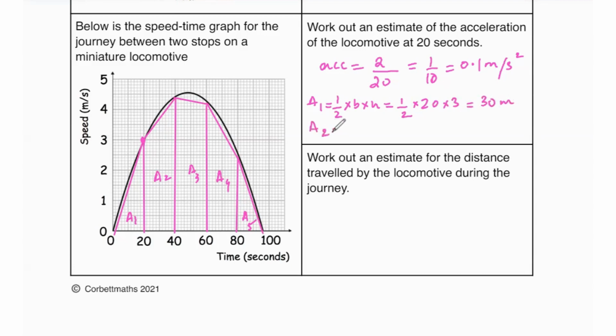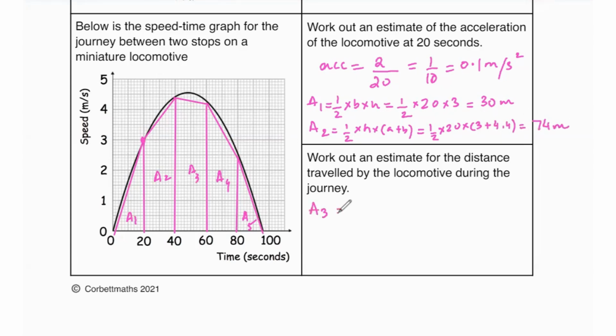Then A2 is going to be 1 over 2 times the height times the sum of parallel sides, A plus B. Our height for this is 20, and parallel sides are 3 and 4.4. So 1 over 2 times 20 times 3 plus 4.4, and that gives us 74 meters.